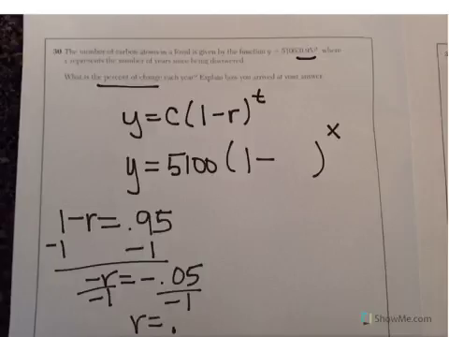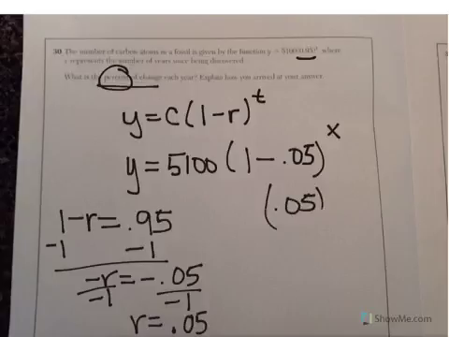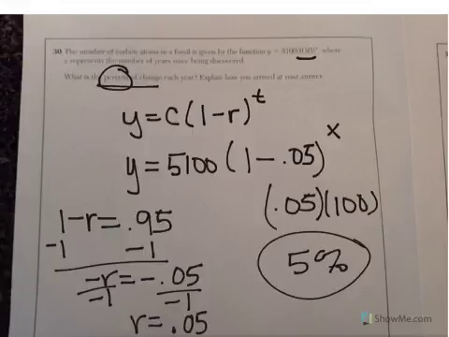So r is a positive 0.05. So that's what our r value is. And so the percent of change, if it's 0.05, to make that a percent, what we're going to do is multiply that by 100. And so we'll end up with 5%. That is the percent of change each year.